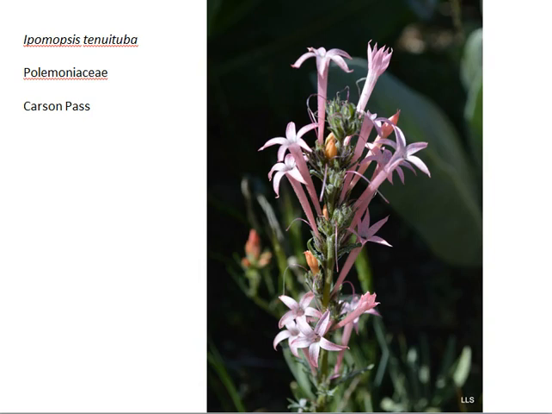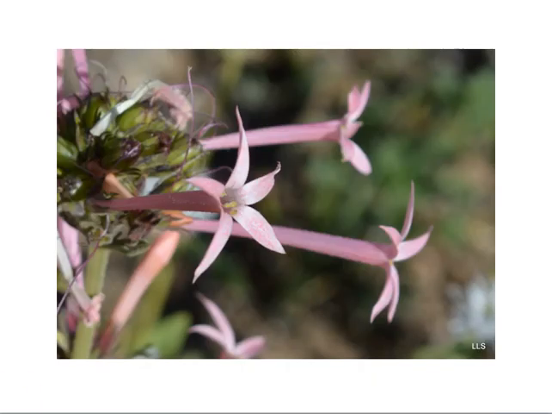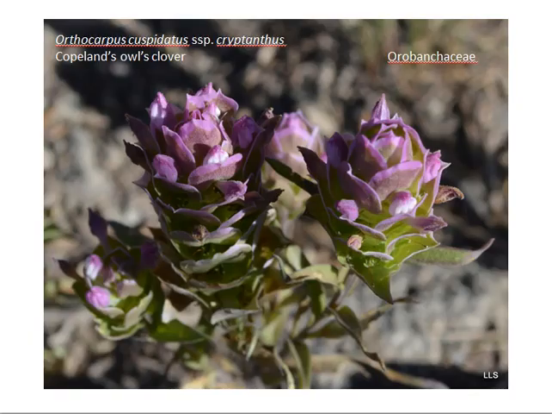The genus Ipomopsis is often called scarlet gilia. I must admit, I just looked that up, but it's one of my many favorites. And if you happen to be hiking up by Carson Pass in the future, this beauty is in the Orobanchaceae, and it's Copeland's owl's clover, but it is purple colored.